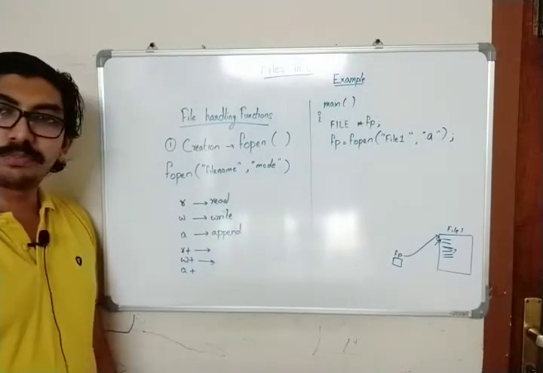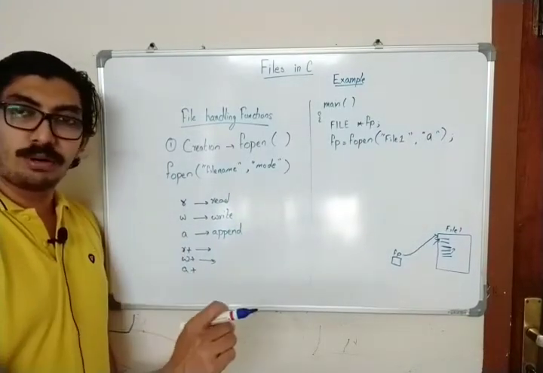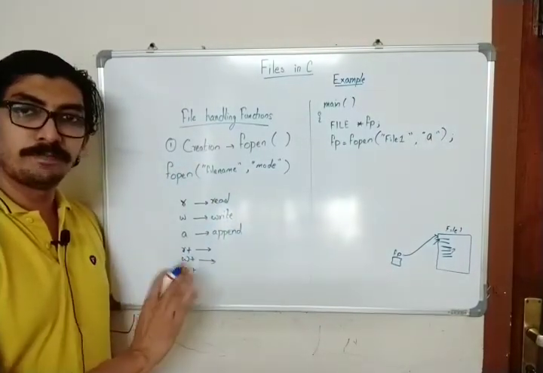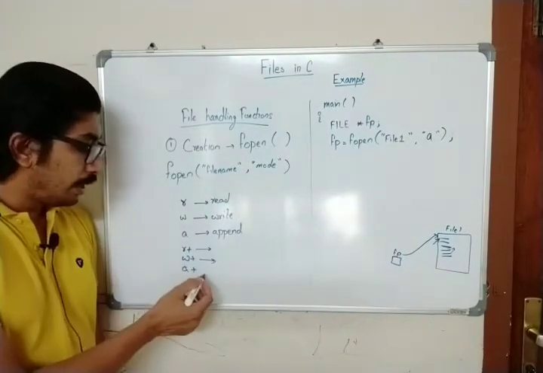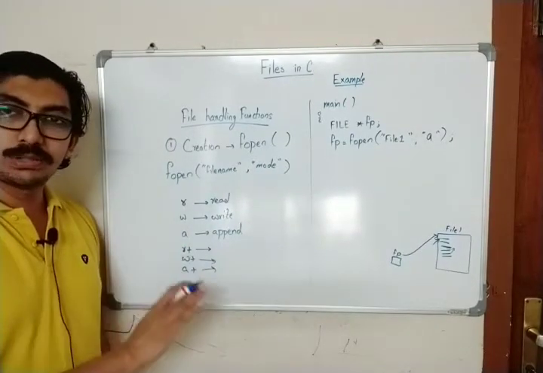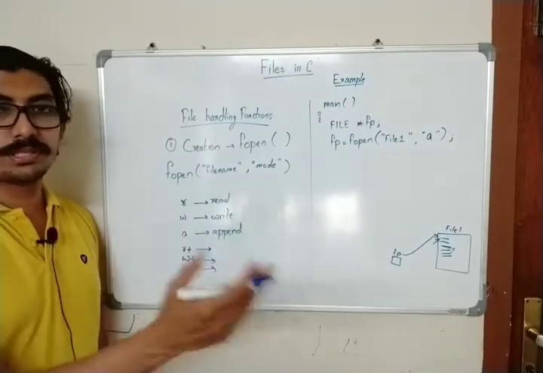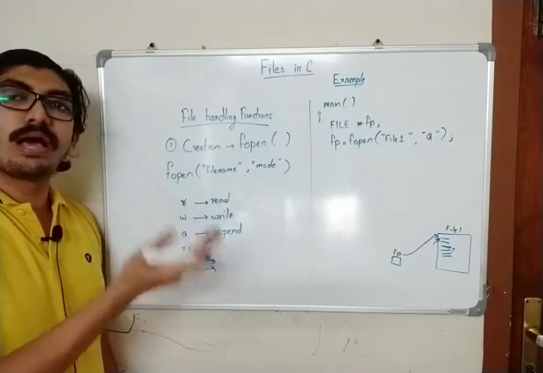In the case of W plus, again we are opening the file for reading as well as writing. If the file is not existing, a new file will be created. If the file is already existing, it will truncate the file. And A plus, which is append plus, here also we can do read as well as write operations. If the file is not present, it is going to create a new file, and if there is already content, it is going to append data.